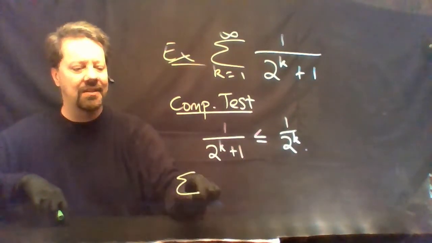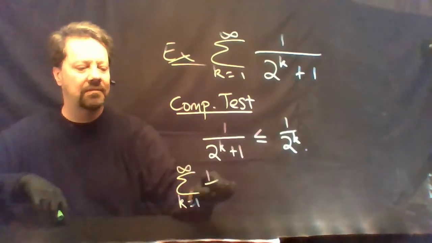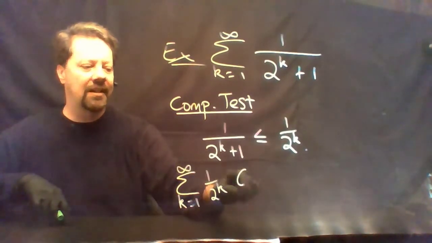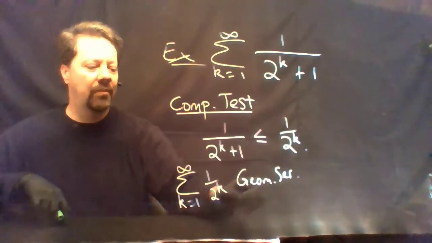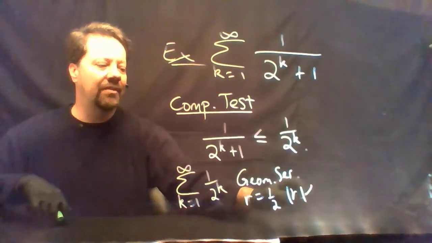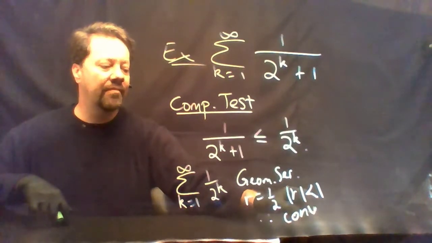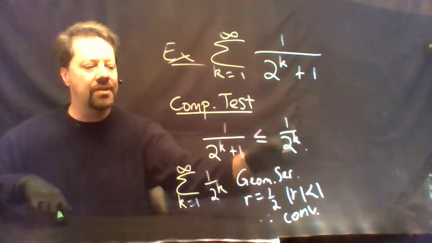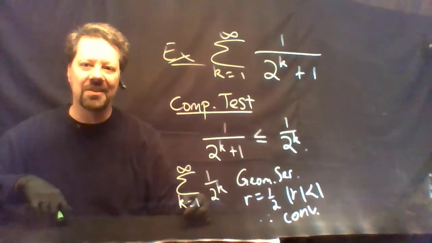So since this series is a geometric series with common ratio equal to 1/2, that has a magnitude less than 1, that series converges. Since the larger series converges, that means the smaller series converges too.